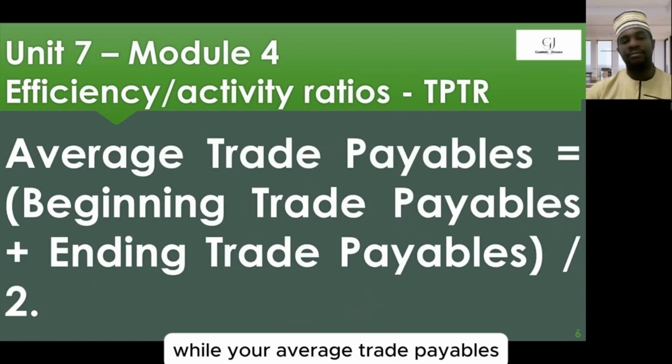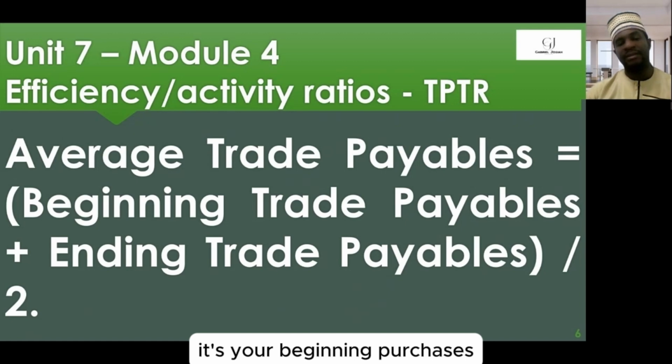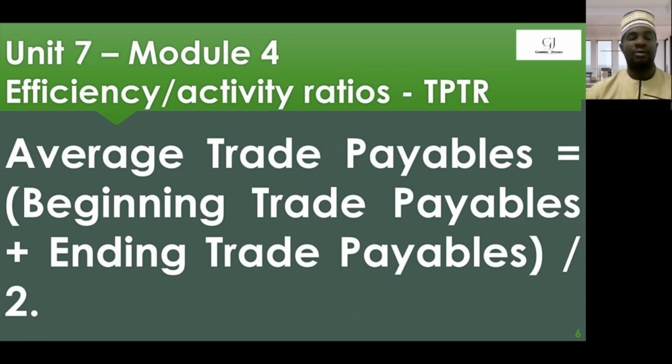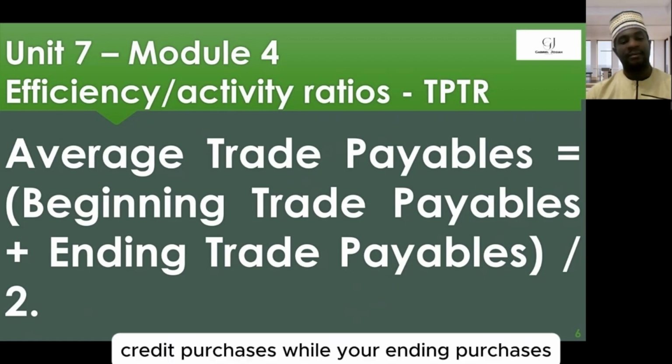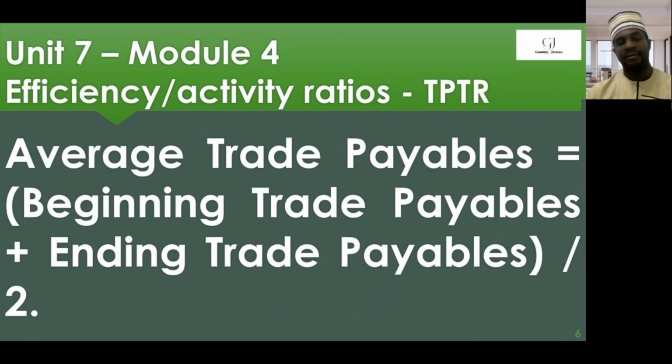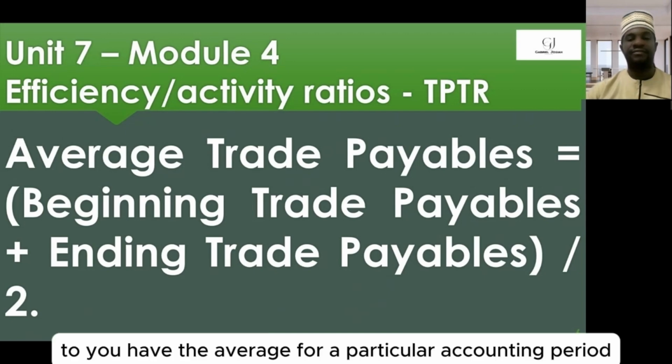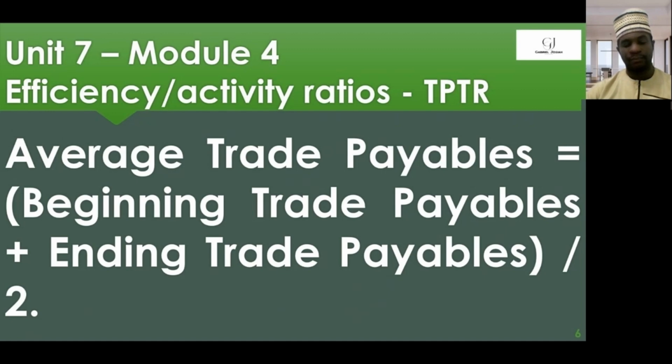While your average trade payables is your beginning trade payables plus your ending trade payables, both added together and divided by 2 to have the average for a particular accounting period.